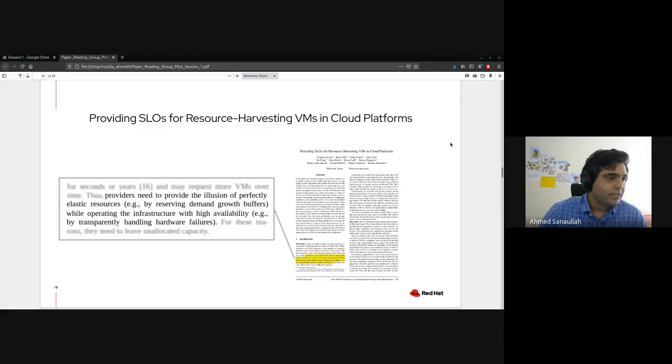So then the next statement they make is that providers need to provide the illusion of perfectly elastic resources by reserving demand growth buffers while operating the infrastructure with high availability by transparently handling hardware failures. And this, again, makes sense. If you have a product and you know that sometimes people will want a lot more of it than they normally buy, then you want to have extra in stock.